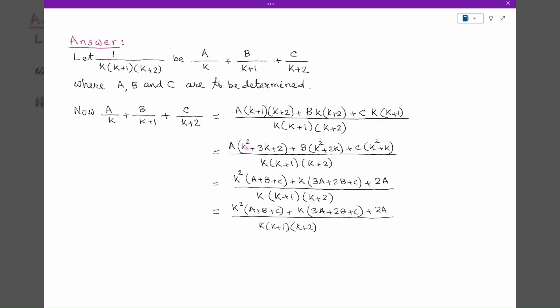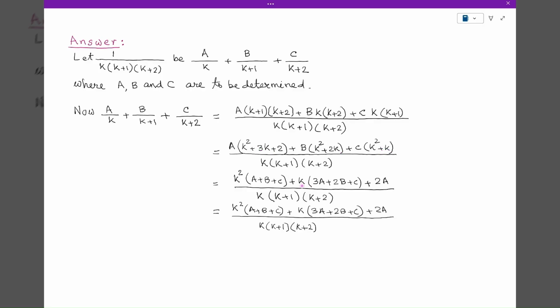We notice that there is a k square term here, there is a k square term here, there is a k square term here. So we separate out the three k square terms to get k square multiplied by a plus b plus c. Similarly, there is a k term here, there is a k term here, and there is a k term here.